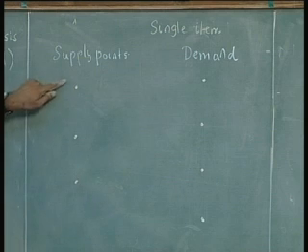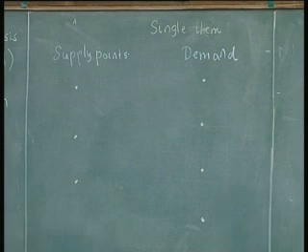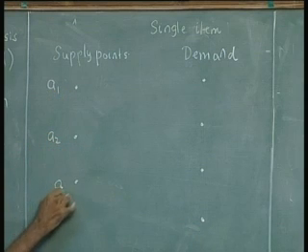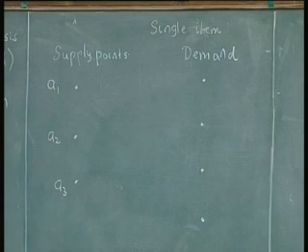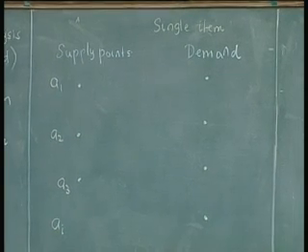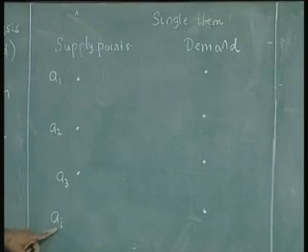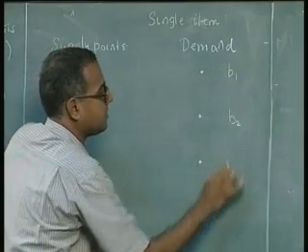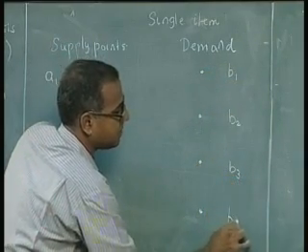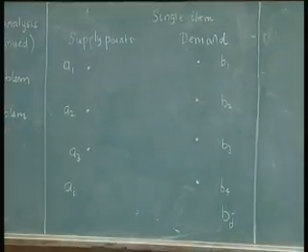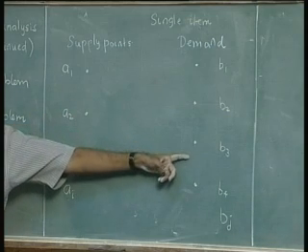We assume that a certain number is available in each of the supply points. So we assume that A1, A2, A3 are the supplies available in points 1, 2 and 3 respectively, or in general Ai is the quantity that is available in supply point i, in our example i equal to 1 to 3. We also know the requirements, which we call B1, B2, B3, B4, or in general Bj as the requirement in the demand point j.